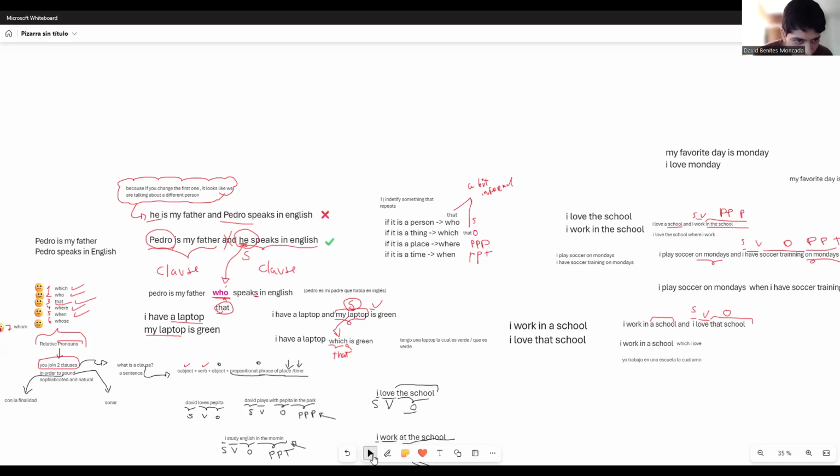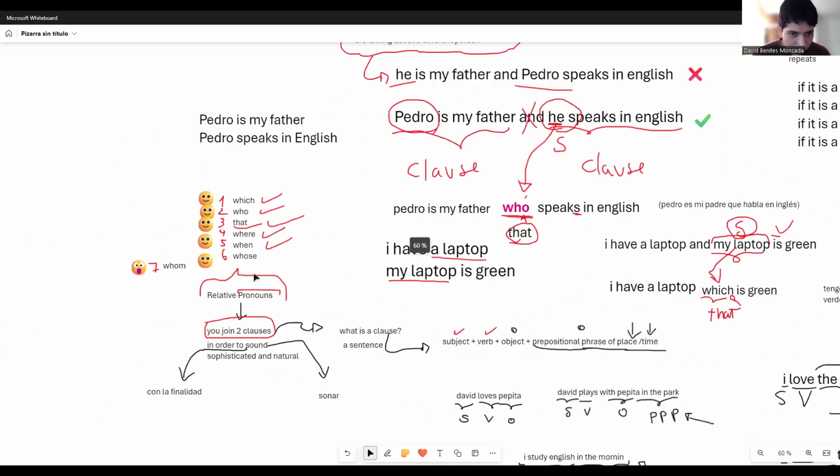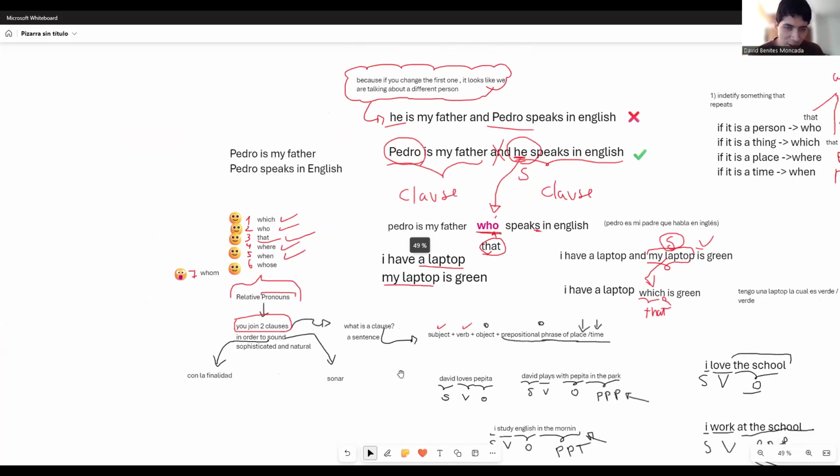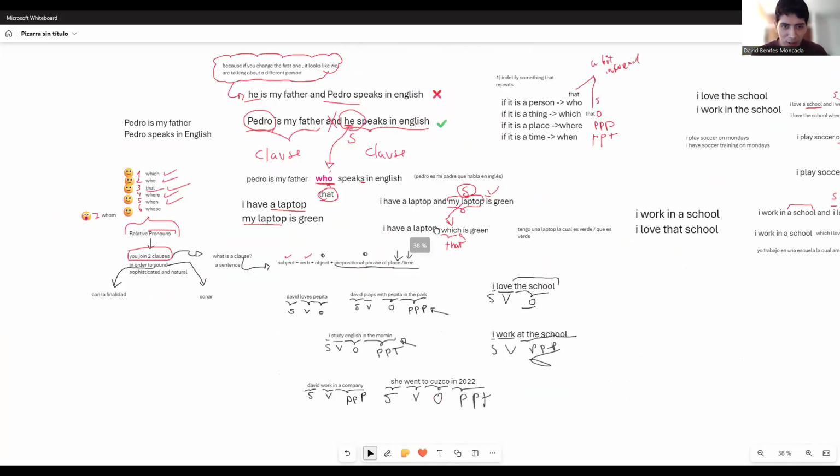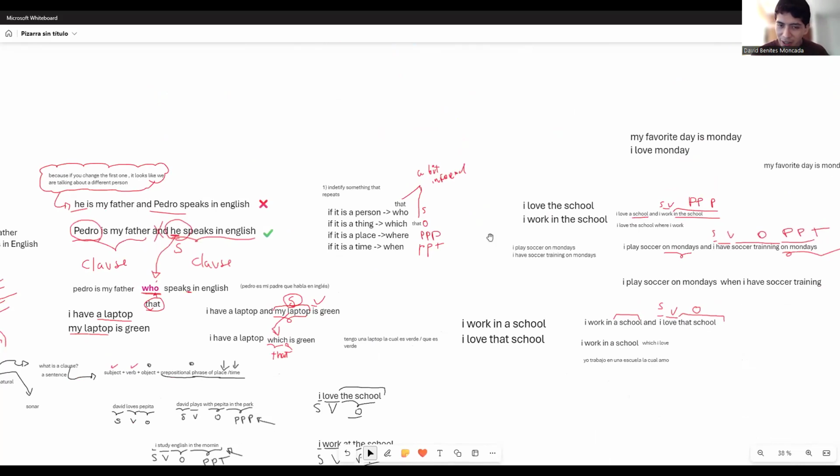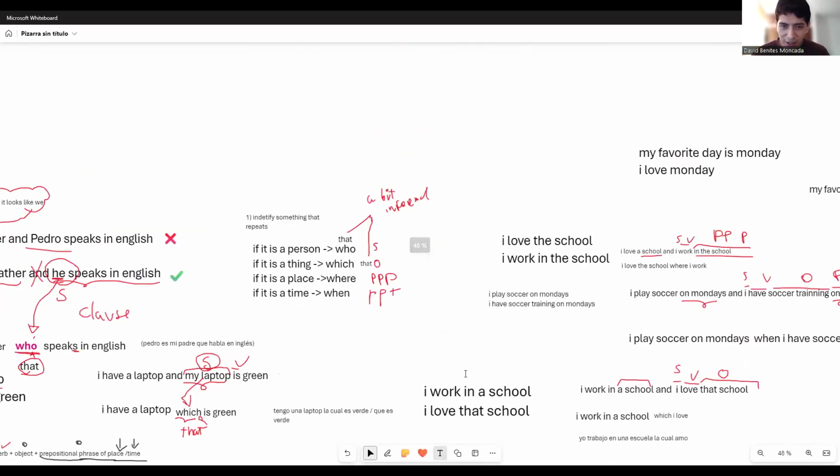Now we have here whose. Whose is not complicated, but focus on this part. Look at this. I have a computer, and my computer's screen is broken.